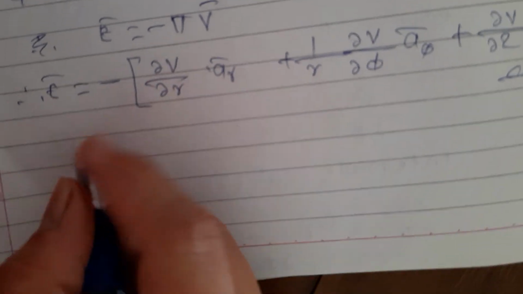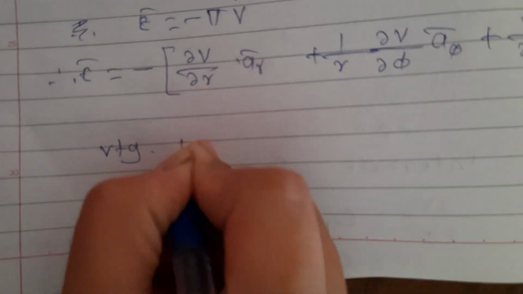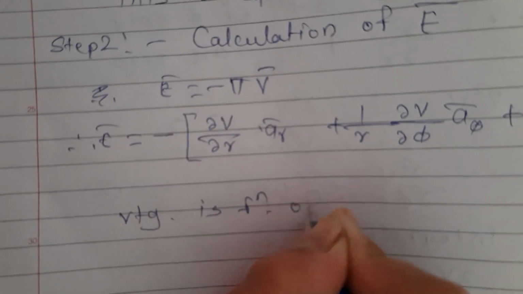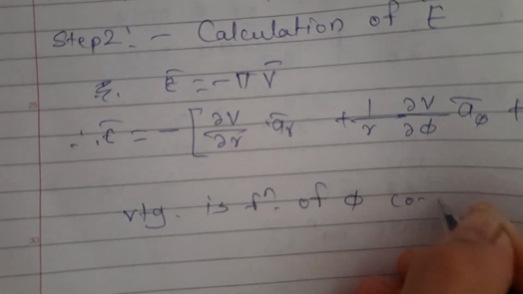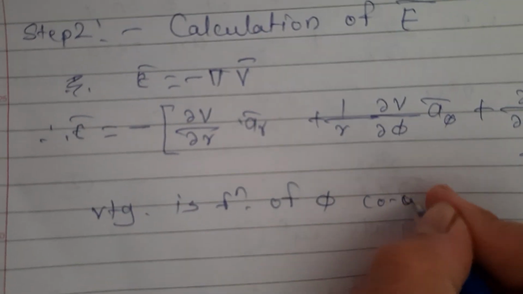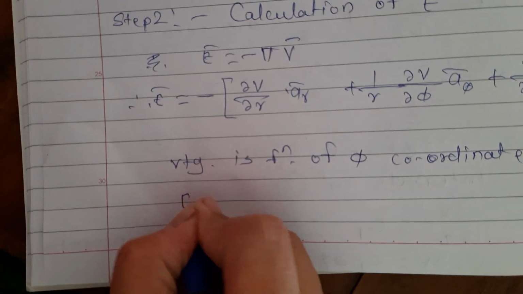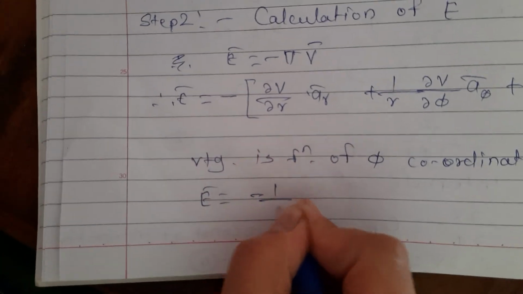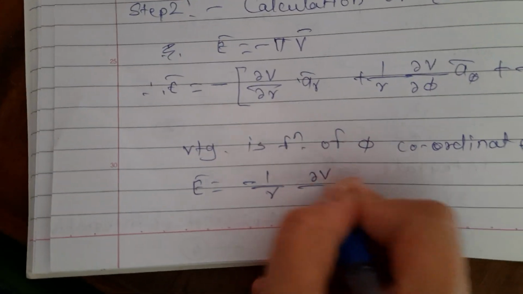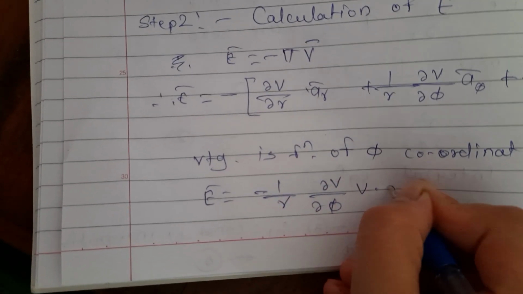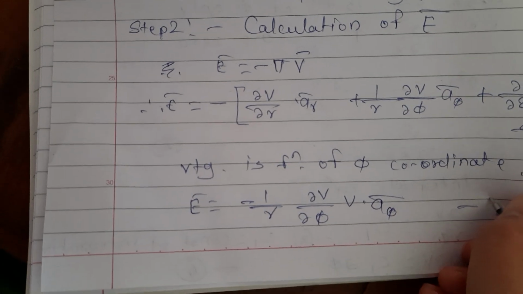So in this case, voltage is a function of the phi coordinate. So E bar is equal to minus 1 by R dV by d phi A phi bar.